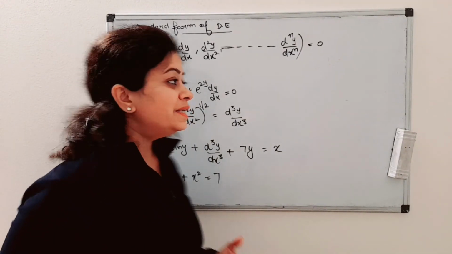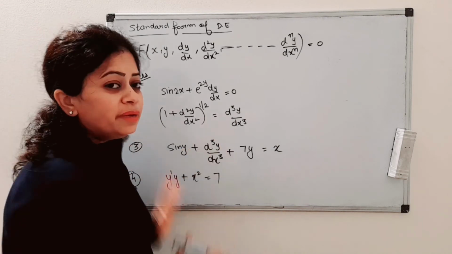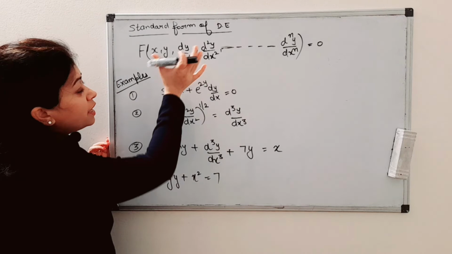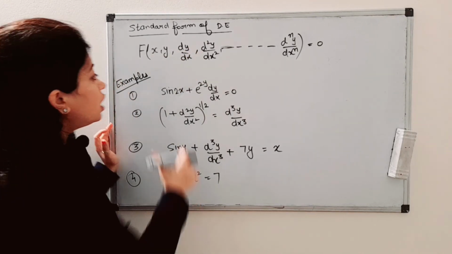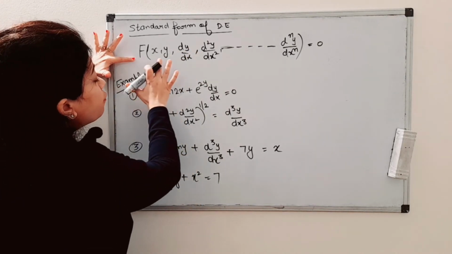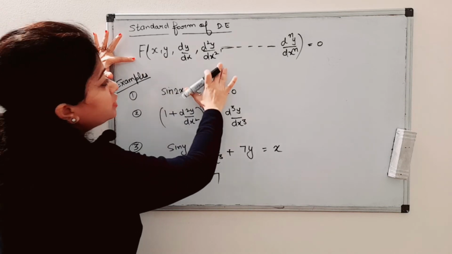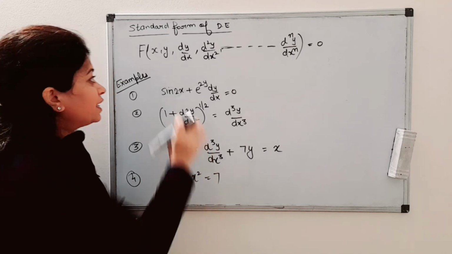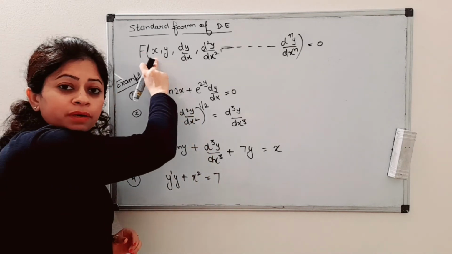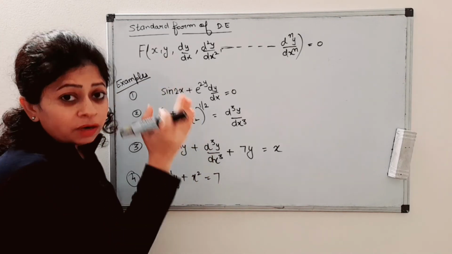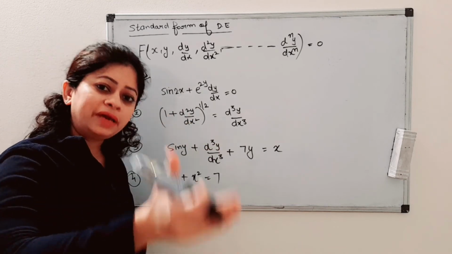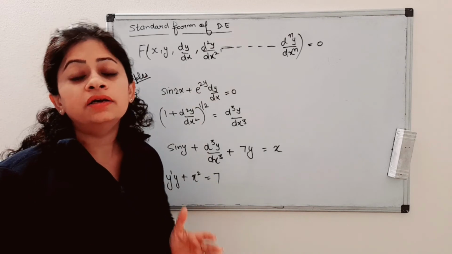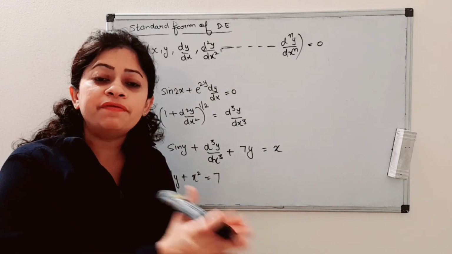So now we will see the standard form and some examples of differential equations. This is the standard form of a differential equation. How do we represent this? F of x, y, dy by dx, d2y by dx2 and so on. That means it can have an independent variable, a dependent variable or a function dependent on x, and any derivative of that dependent variable or function.